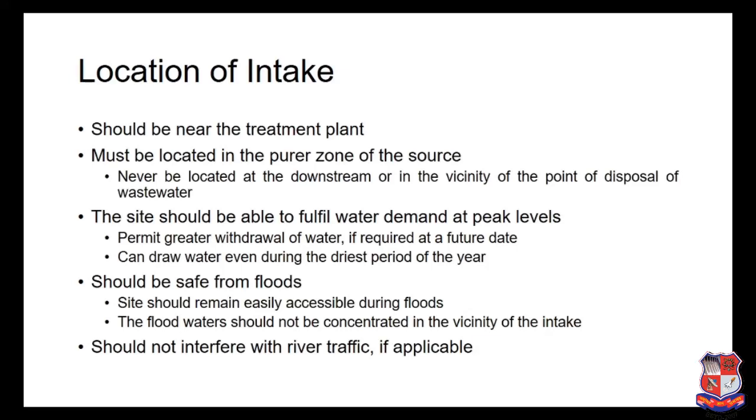Then it must be located in the purer zone of the source, because we know that many cities are discharging their wastewater into the nearby river, right? So it should not be located on the downstream or in the vicinity of the point of disposal of wastewater. The site of the intake should be able to fulfill water demand at peak levels. So it should permit greater withdrawal of water if required at a future date, and we should be able to withdraw the water even during the driest period of the year.